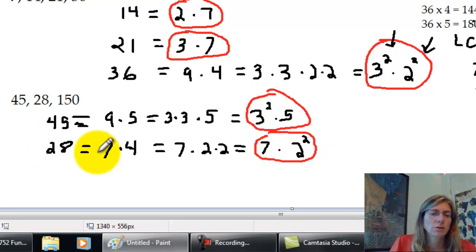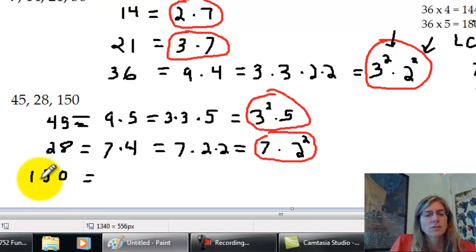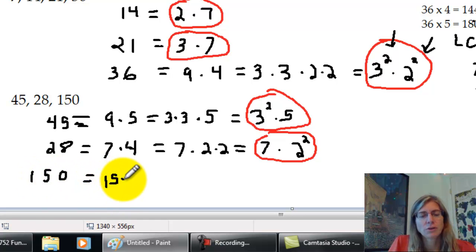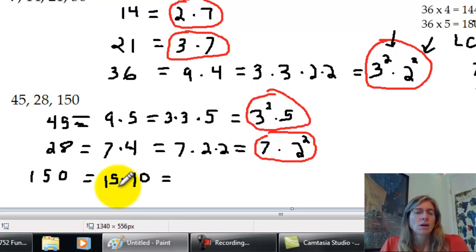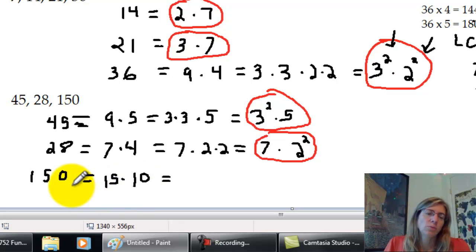So let's move to the number 150. And you think, oh gosh, it's so high. Don't worry. 15 times 10, right? Anytime a number ends in 0, you know that it can be multiplied by 10 or divided by 10. So 15 times 10 is 150.